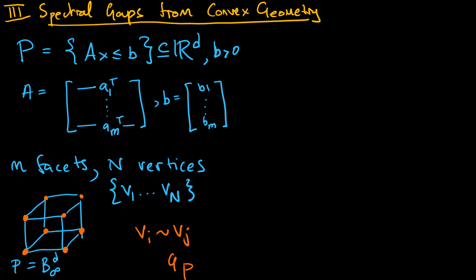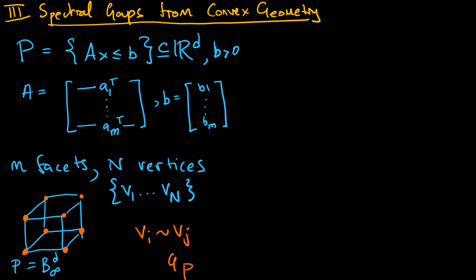But in order to do all that, we need to first construct a generalized adjacency matrix, right? We know what the adjacency matrix is, but we need to know what weights we apply on each of the edges such that we end up with those two desirable properties, a spectral gap and a sufficiently large smallest entry in an eigenvector. So to do that, we're going to introduce the idea of the polar of a polytope.